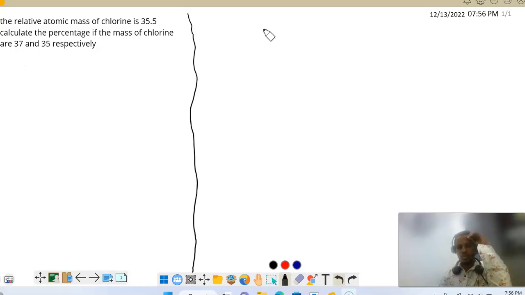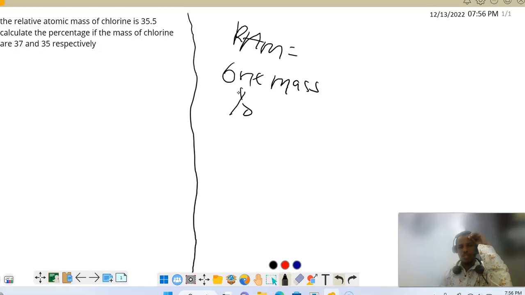The last question we saw was that they give you the relative atomic mass, one of the masses plus its percentage, and the other mass, but you don't know the percentage of the other mass. So how to calculate the percentage of the other mass, we have also seen it.